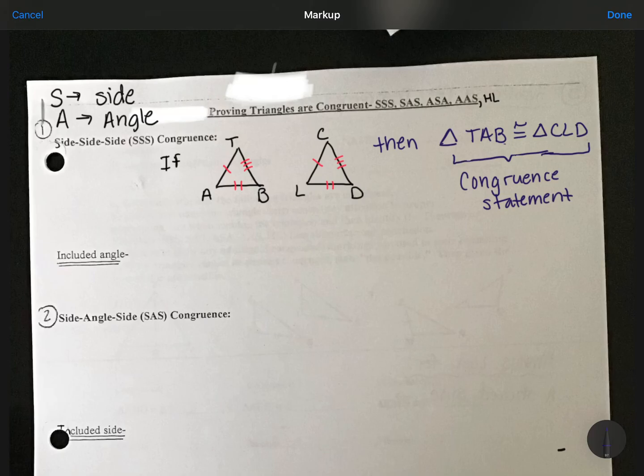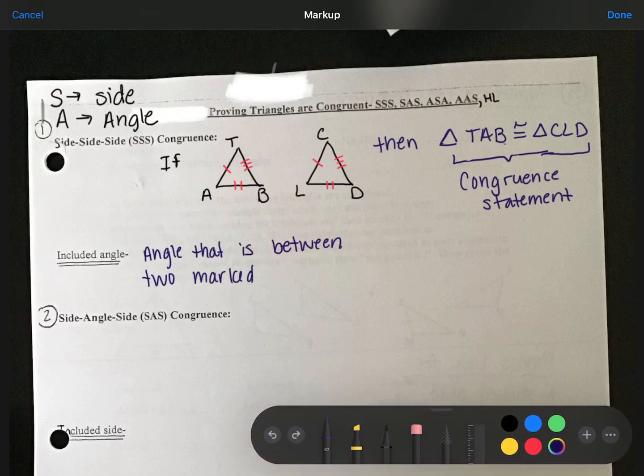The next thing, before we talk about side, angle, side, is we need to talk about what an included angle is. An included angle is going to be an angle that is between 2 marked sides.